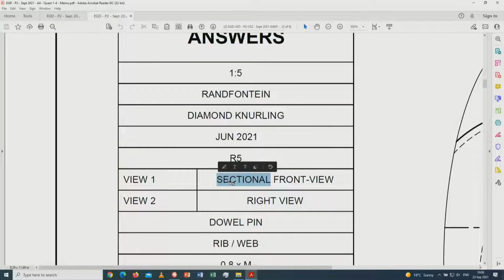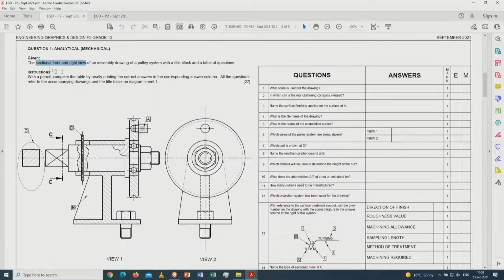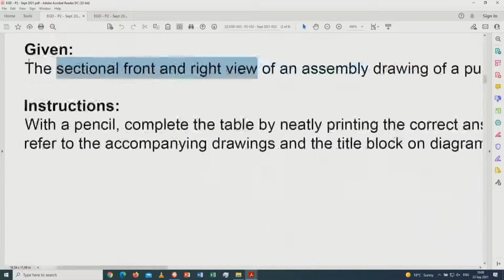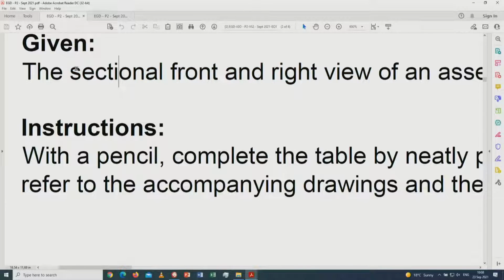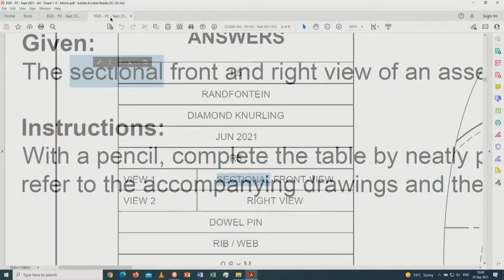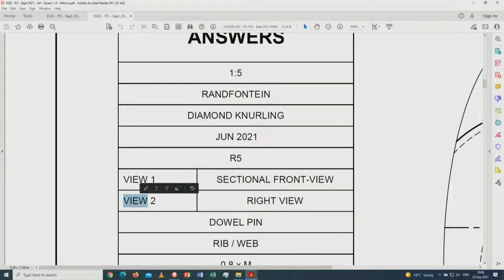If it's not there, if it's not only a front view but a sectional front view, the learner loses the complete mark. It says there clearly it is a sectional front view. So the word sectional must form part of this. And then view 2 over here is the right view that you see in that regard.